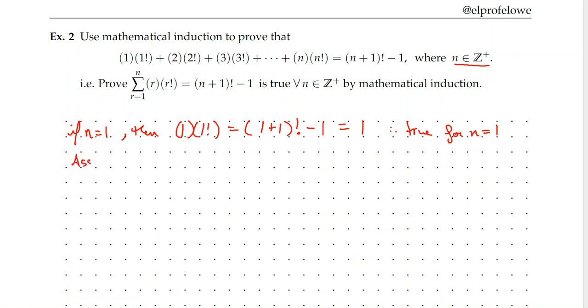Next, we're going to assume that we are true for n equals k.